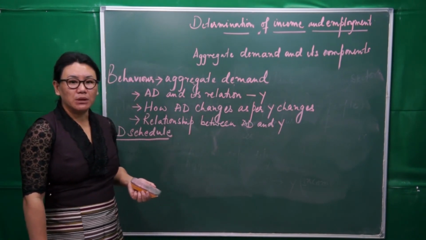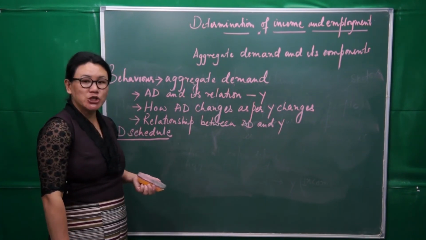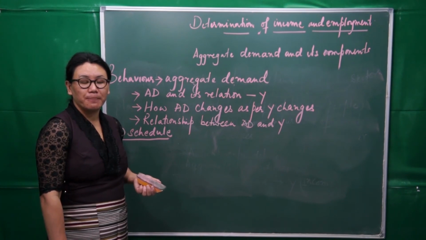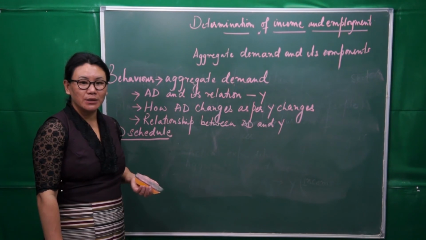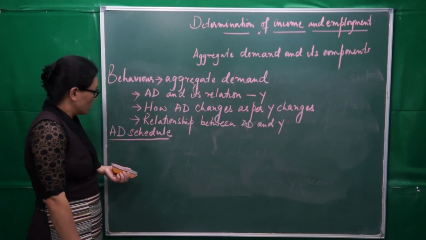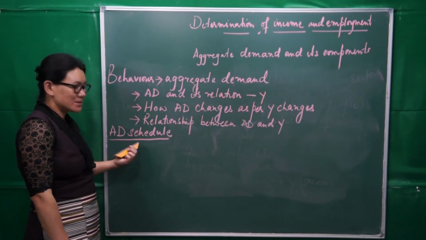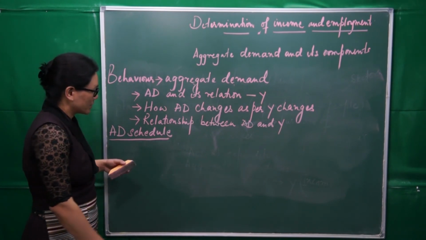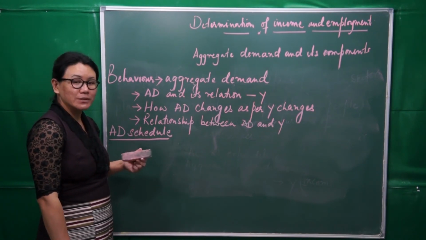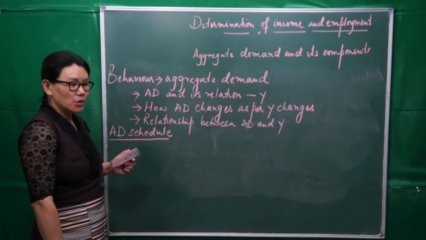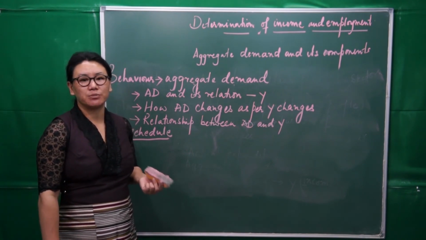It is a table which shows the relationship between variables. Is that clear? So now under this one, what is this aggregate demand schedule? Again, I said AD depends upon income, right? So in this schedule, we have to show the relationship between these two.